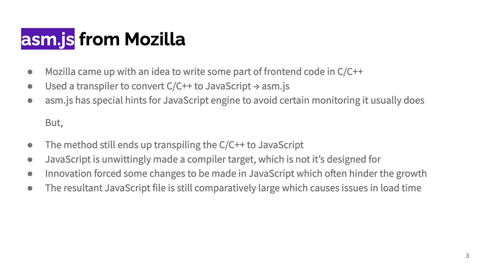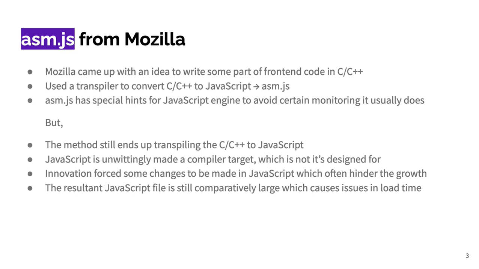We know C and C++ are native languages which you can compile to machine code that runs very close to your hardware, which is less costly and brings performance improvements, right? This asm.js technology used a transpiler to convert C and C++ code to JavaScript, which is what ends up as asm.js. So you write code in C and C++ and then transpile it to asm.js.